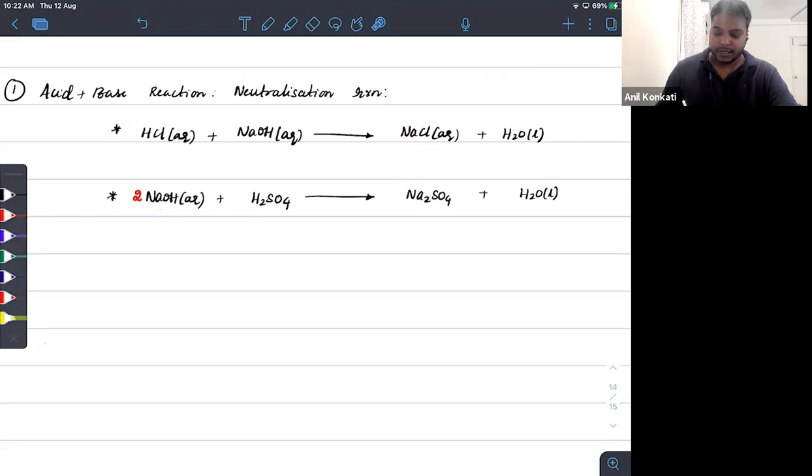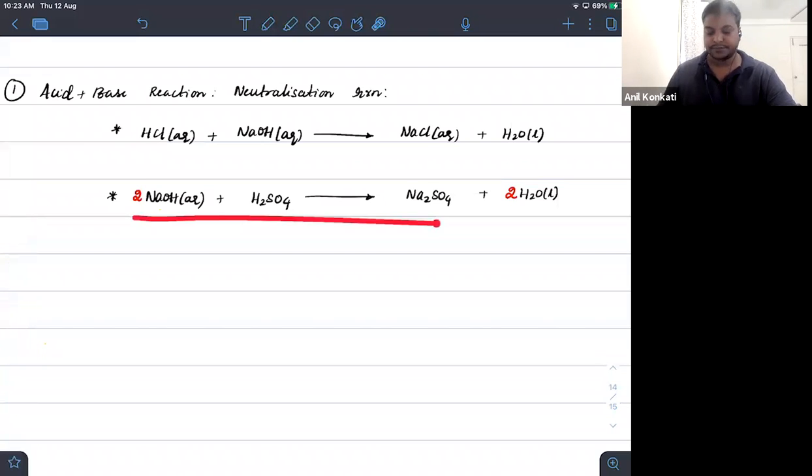After that, the second term you need to check is SO4 2 minus. There is only one SO4 here and there has to be one SO4 here. So that is balanced. Now you need to balance the hydrogens. There are 2 hydrogens here and 2 hydrogens here, total 4. So if there are 4, I should multiply by 2 here so that hydrogens will also become 4. So now you can see this is the balanced equation.